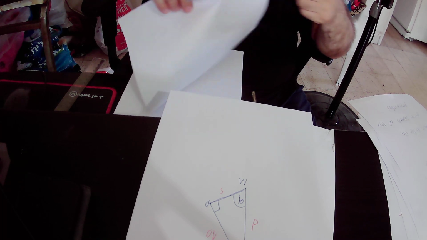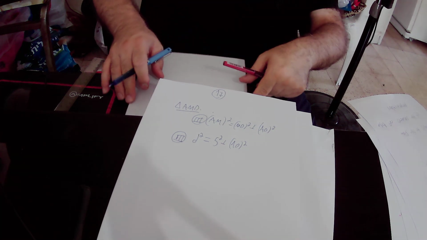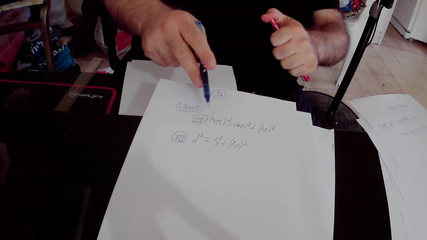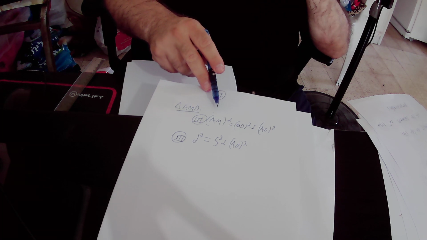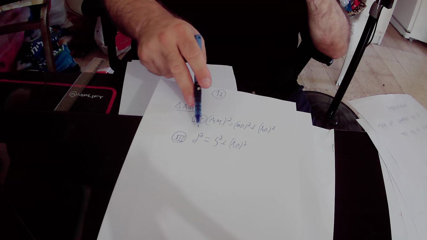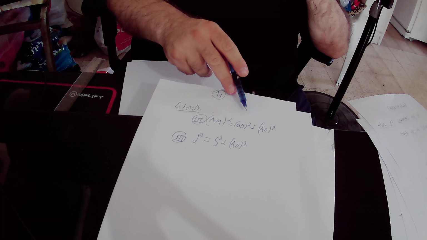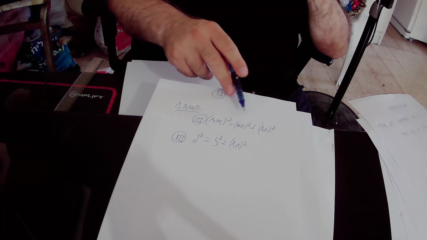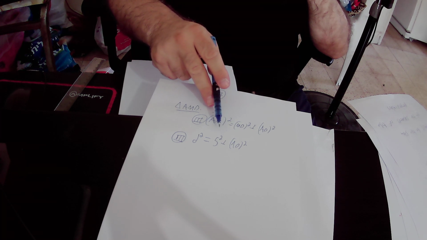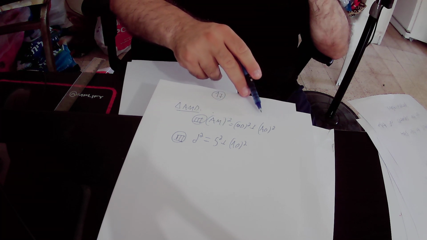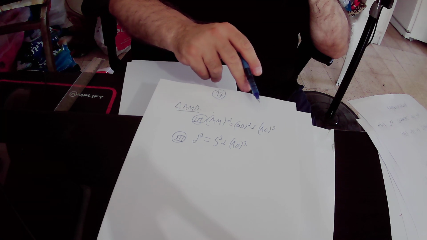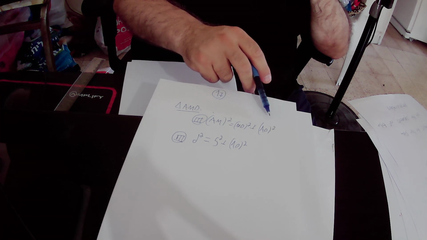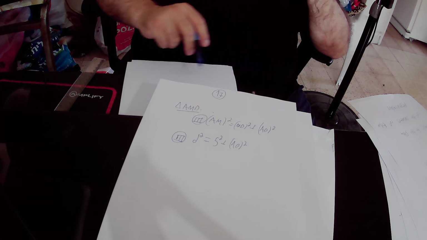Instead of AM square we get D square, instead of MD square we get 5 square, and instead of AD square we get 10 square.